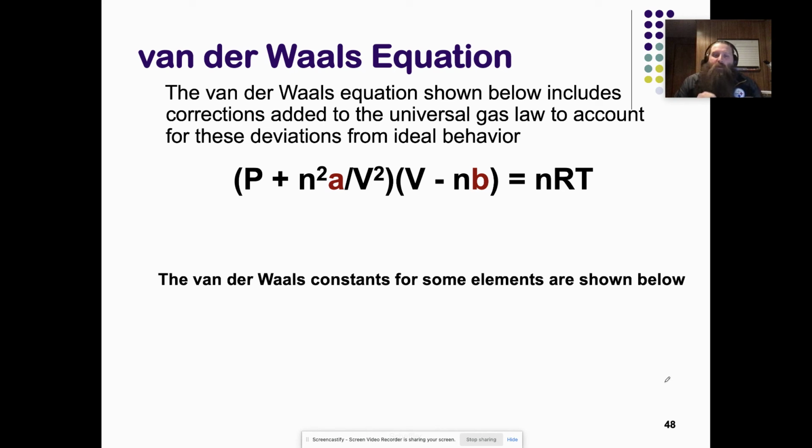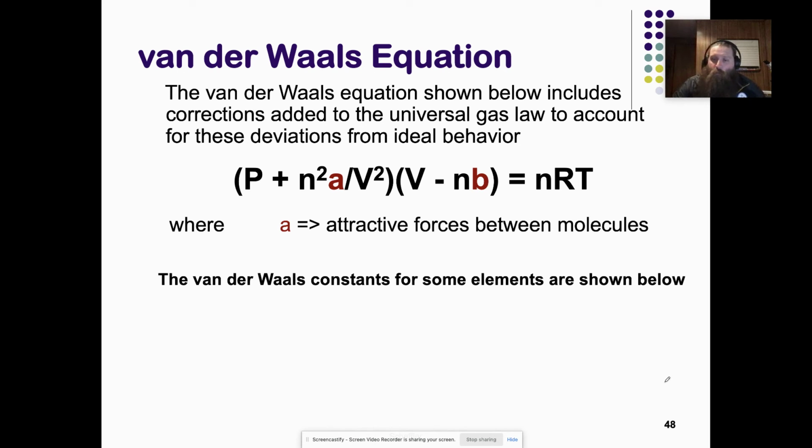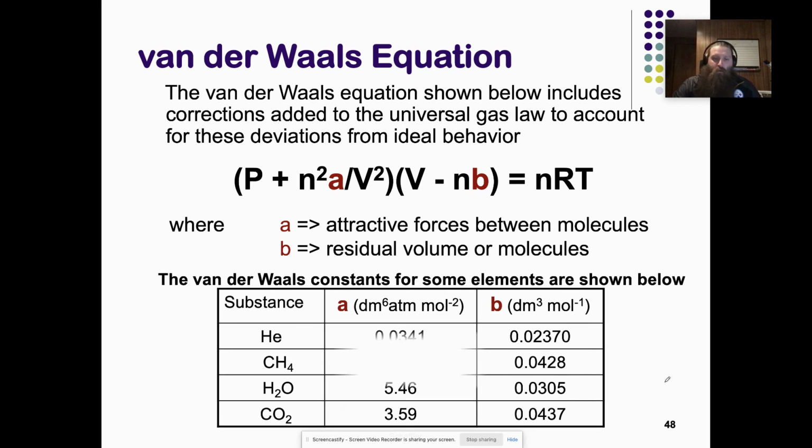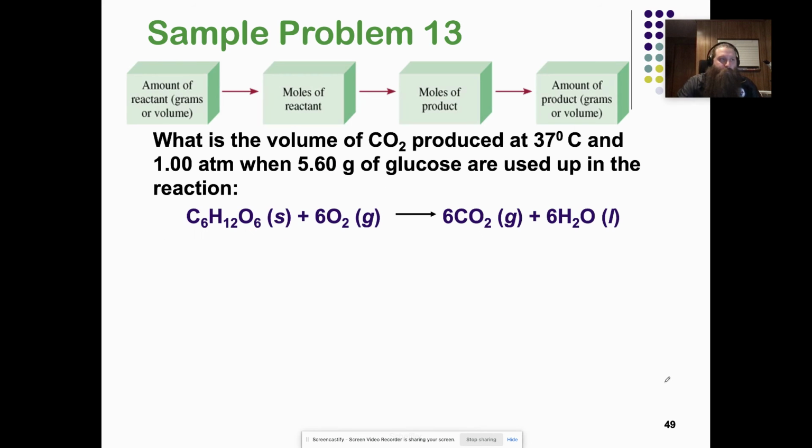Because it accounts for the deviations from ideal behavior because a gas has a volume and does undergo intermolecular force attraction. Now, in this, you have A, which is the attractive force between molecules, and B, which is the residual volume of your molecules. A and B are in a table in your book. You can look them up. Not something you have to memorize, right?